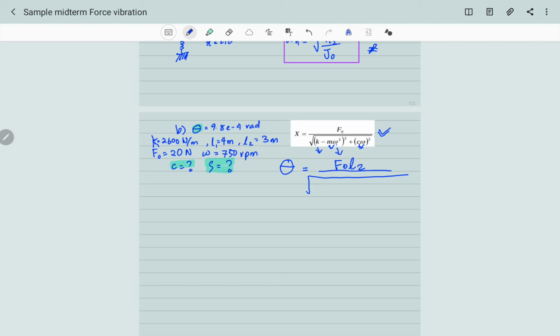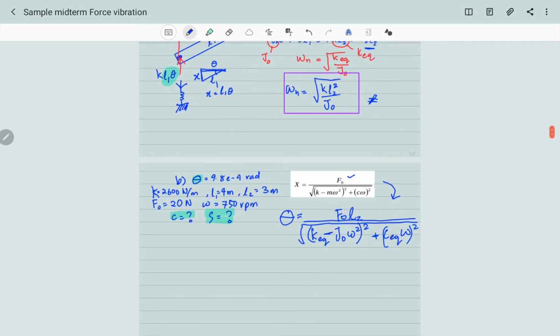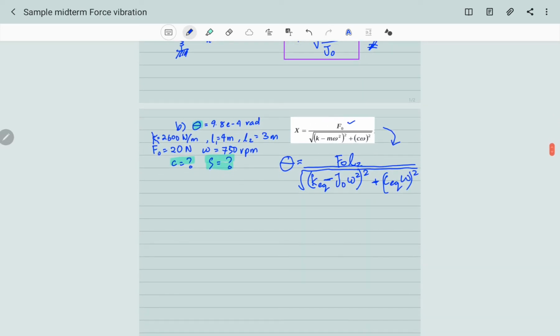If you match from the list of equations, F naught becomes the moment, F naught L2, then your K becomes K equivalent, your M becomes J naught in this case, your C is actually your C equivalent, and your omega is still the same.